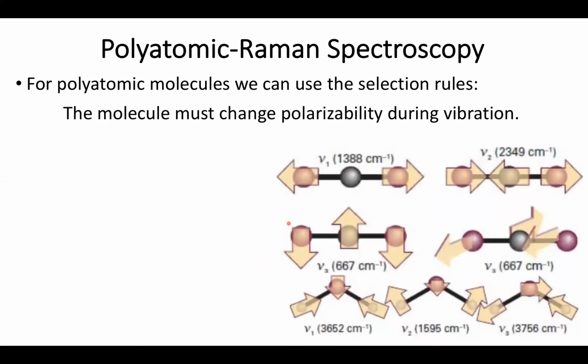So let's go ahead and take a look at our V1 state for CO2. So last time we showed that for IR spec, this molecule does not change polarity as it starts nonpolar and it ends nonpolar. But it turns out that this vibration does correspond to the molecule getting bigger and smaller.